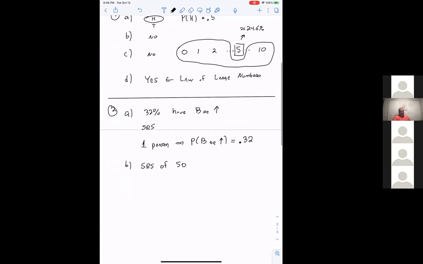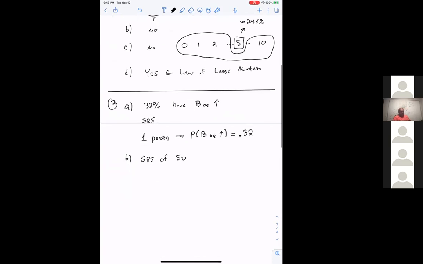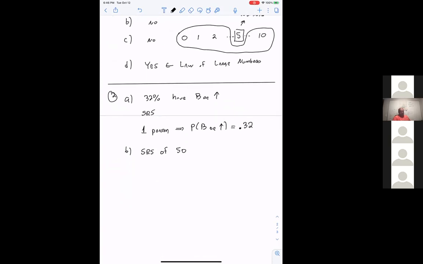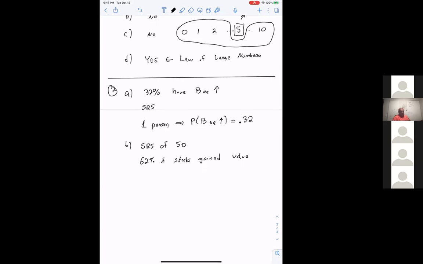Suppose that 62% of all stocks listed on the New York Stock Exchange gained value in the past month. 62% of stocks gained value. So, what is the chance that any particular company in the sample has gained value?